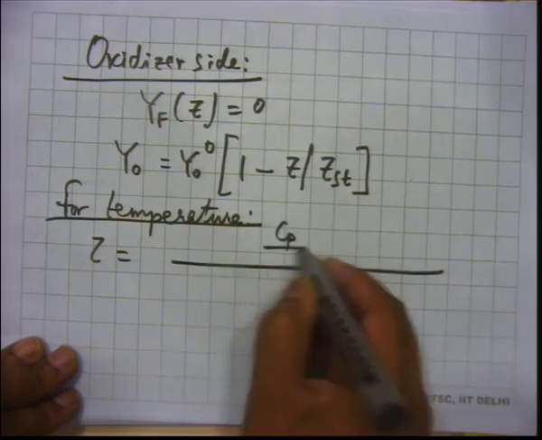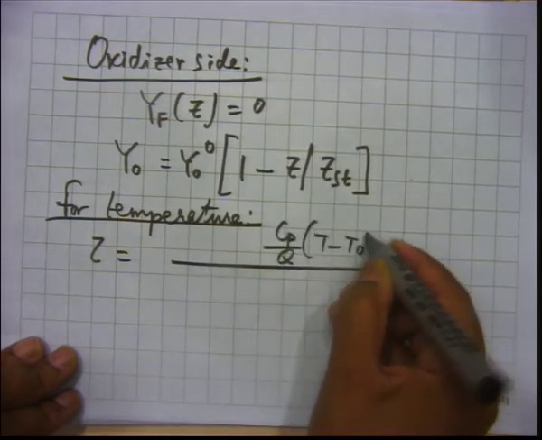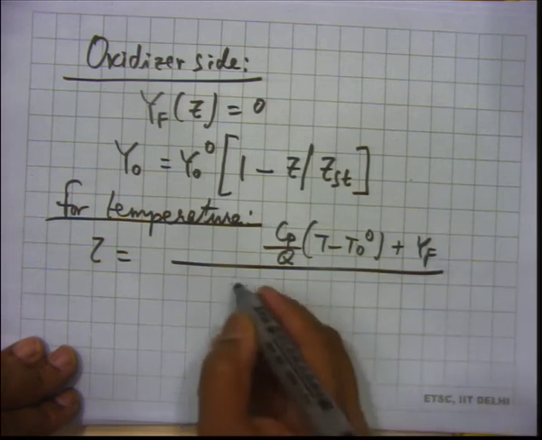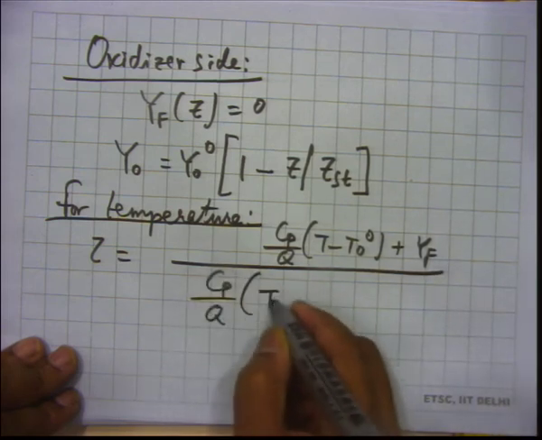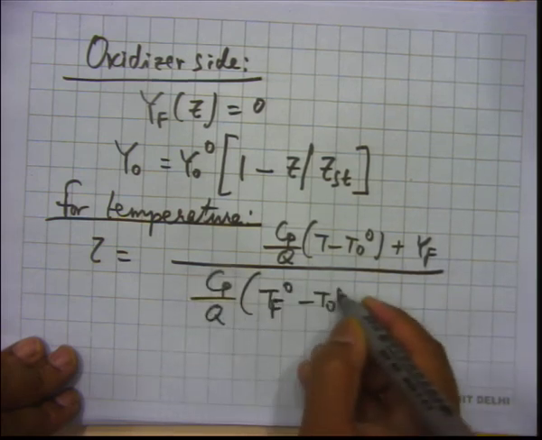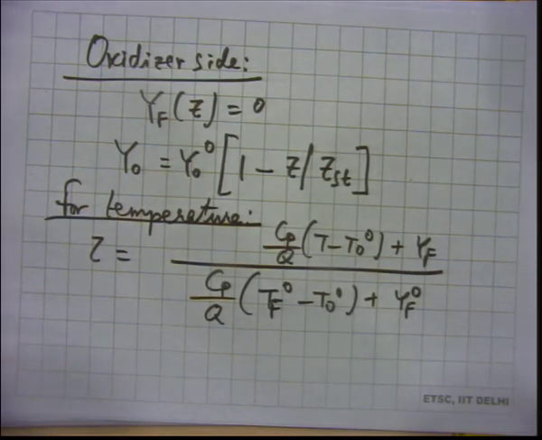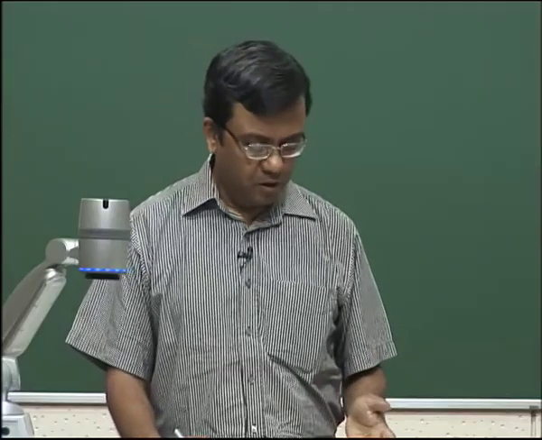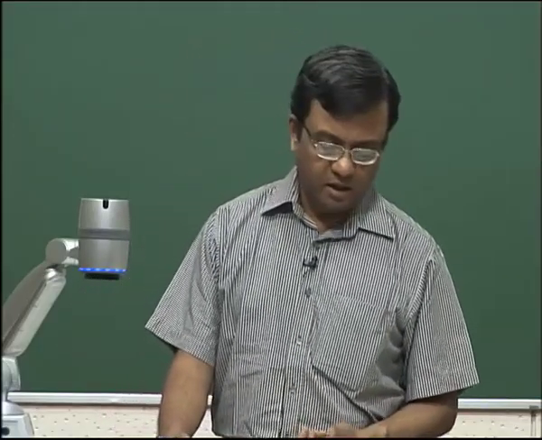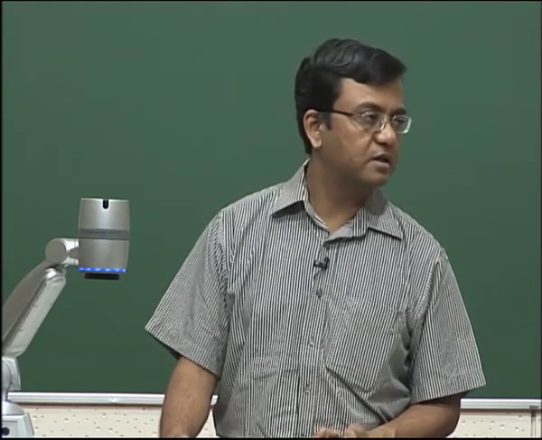We can use this, and then use various conditions on the fuel side and the oxidizer side, and then also use Z stoichiometric as 1 over 5 plus 1 to finally obtain expressions for temperature on the fuel side and temperature also on the oxidizer side.